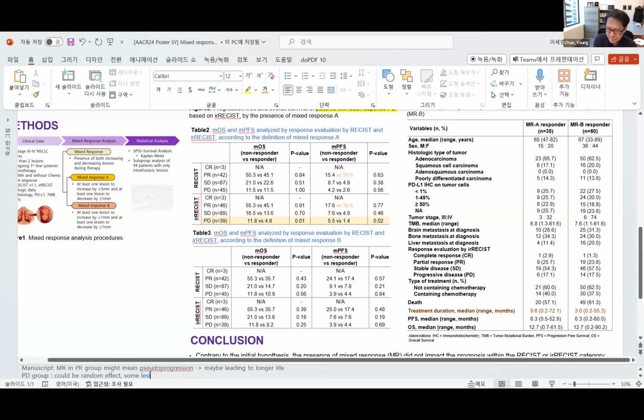So I don't think any immunology phenomena would explain this.